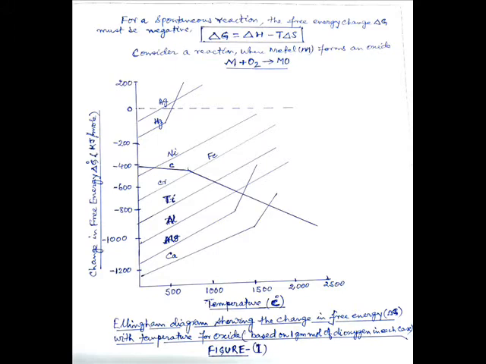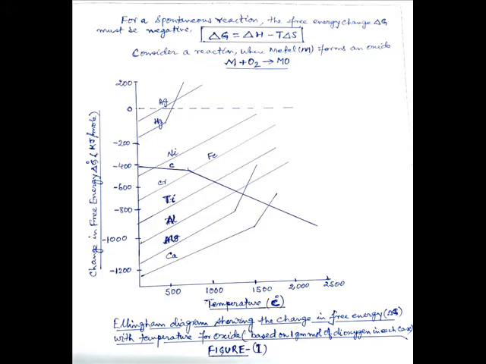The third point to be considered from the diagram is that when the temperature is raised, a point will be reached where the graph crosses the del G is equal to 0 line. This line has been given in figure 1 as a dotted line. Below this temperature, the free energy of formation of the oxide is negative.